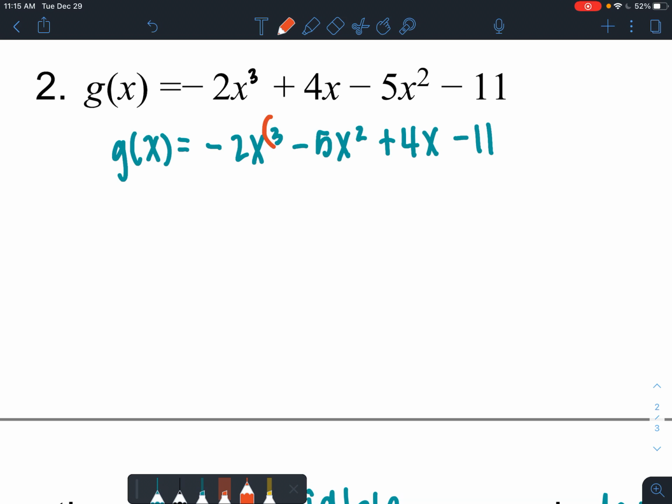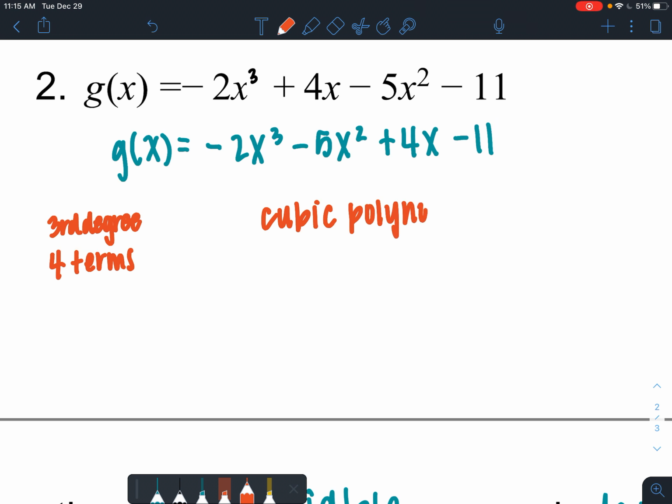All right, it's to the third degree, and it's 4 terms. So the degree comes first, cubic, and then because it's 4 terms, we're just going to call it a cubic polynomial.